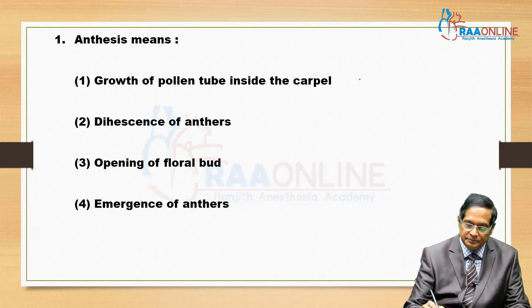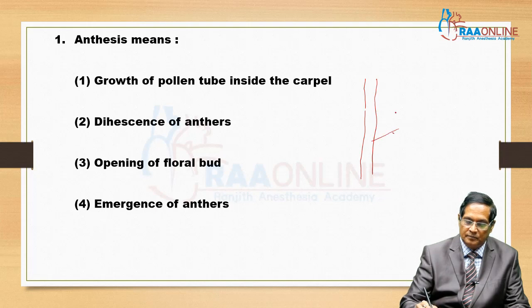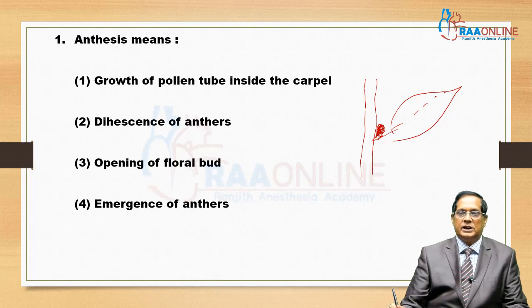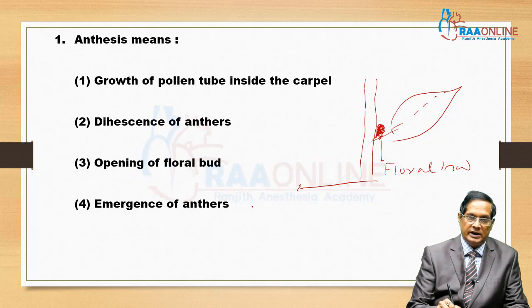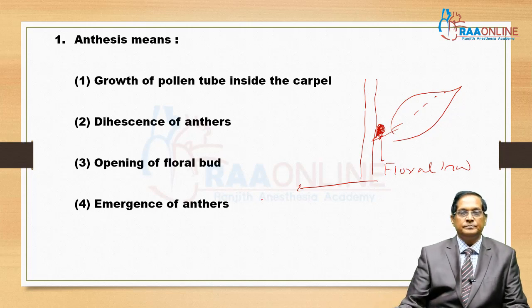In a plant, a bud appears in the axil of a leaf. If this bud is a floral bud, then it opens and develops into a new flower.